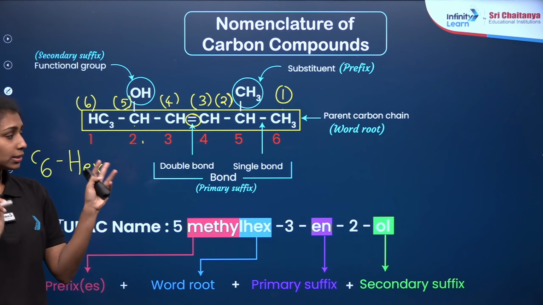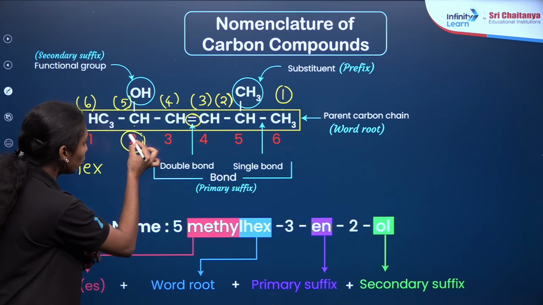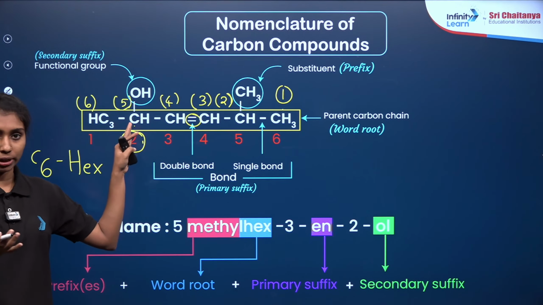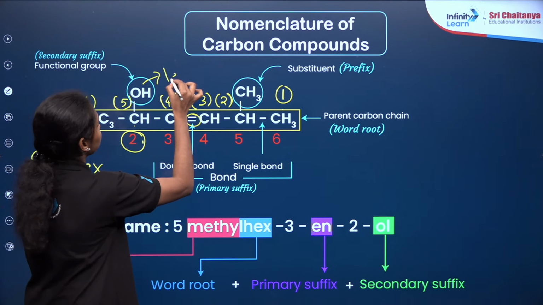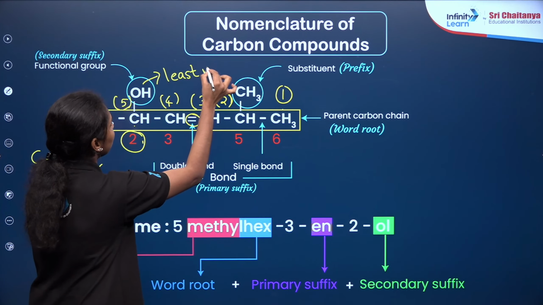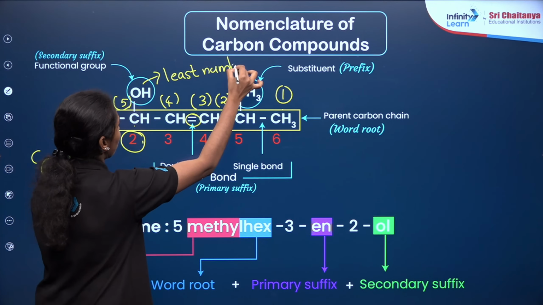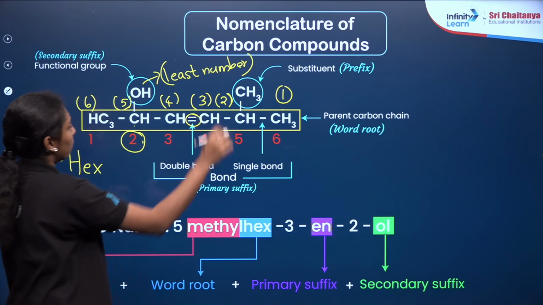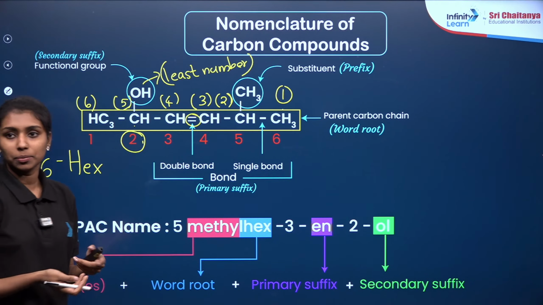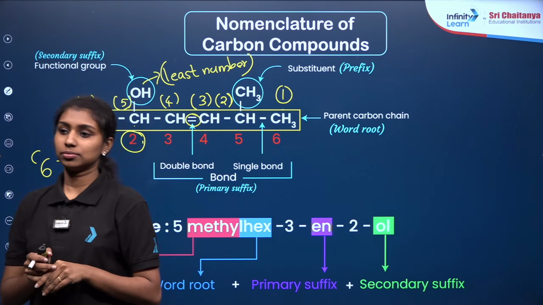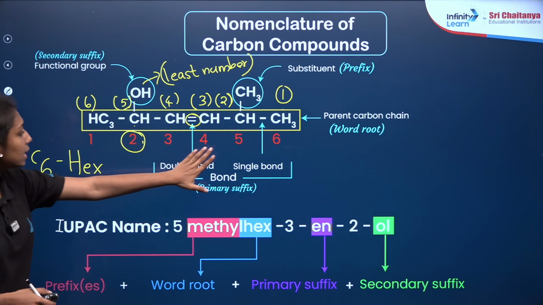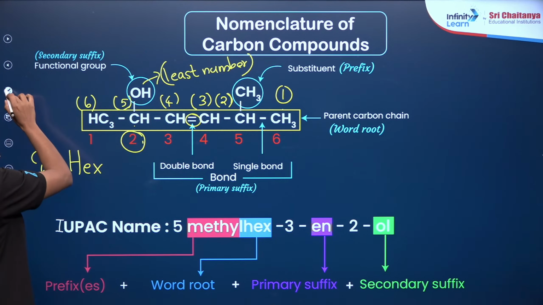So what will be our correct numbering here? According to OH, it has the most priority, which means it gets the least numbering. Which one is the least number here, 2 or 5? 2 only, right? Which means that this numbering is correct.